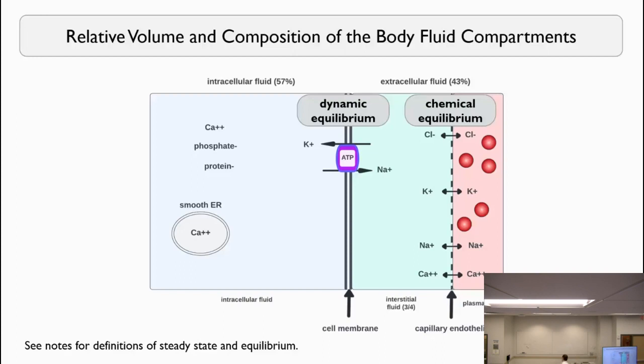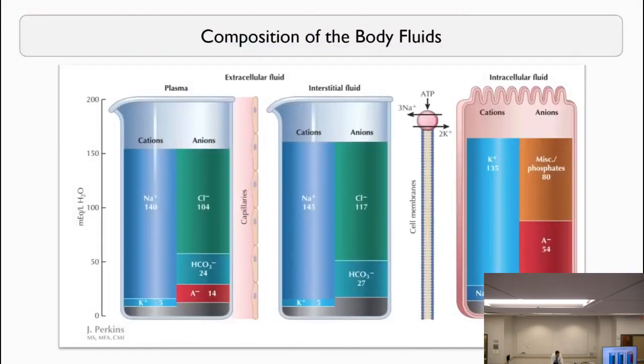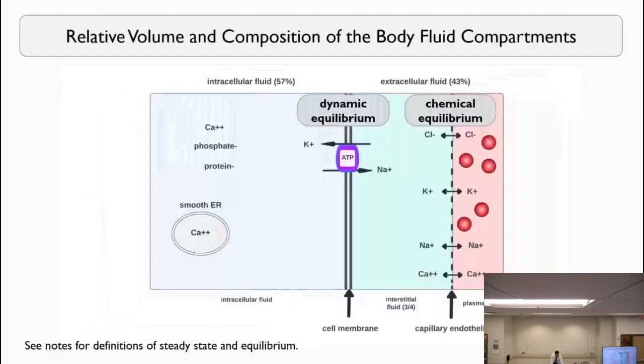If you go back to the previous slide, you're going to see that there is a small difference. For example, you have the sodium, 140, 145, chloride is 104, 117, but they are more or less in the same amount, chemical equilibrium. Why are they in a chemical equilibrium? Because the barrier that separates the plasma from the interstitial fluid is leaky.